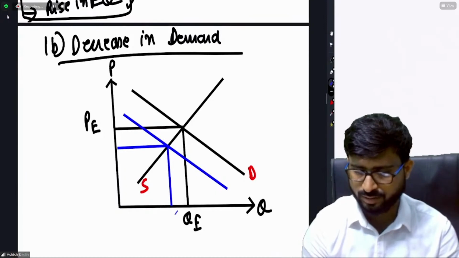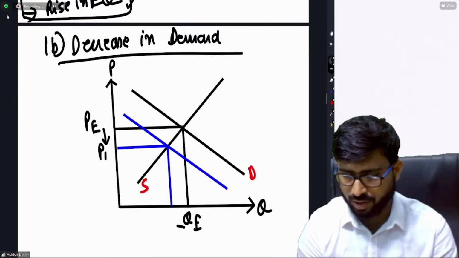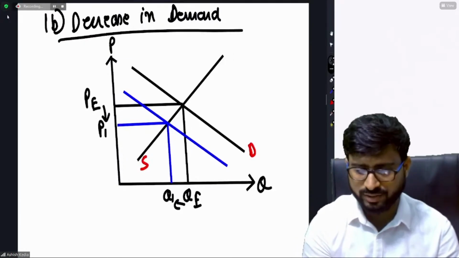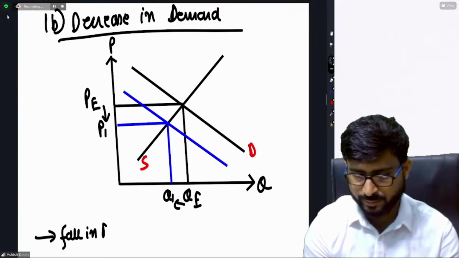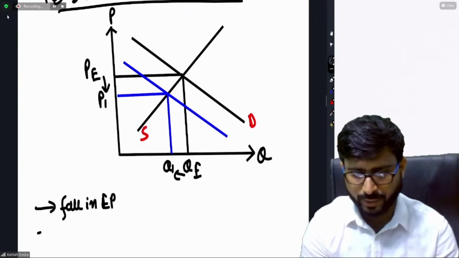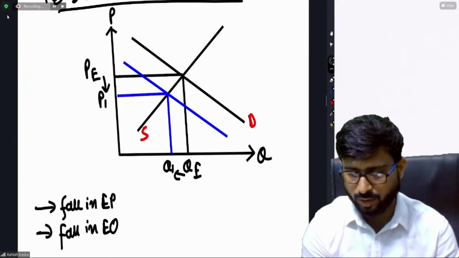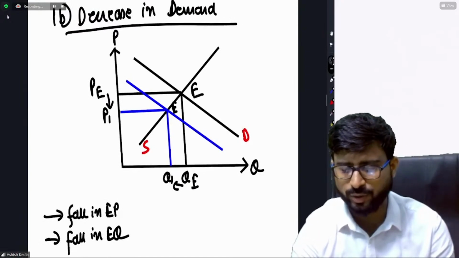See, equilibrium price has fallen. Equilibrium quantity as well has fallen. So what are the two things that you notice here? Fall in equilibrium price, fall in equilibrium quantity. This was the original equilibrium. This is the new equilibrium.